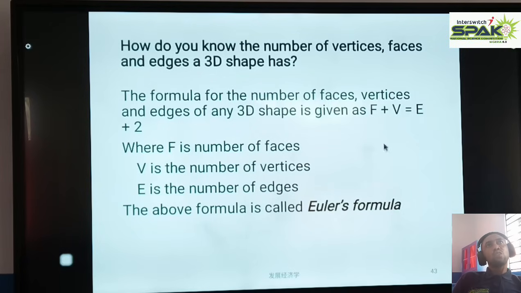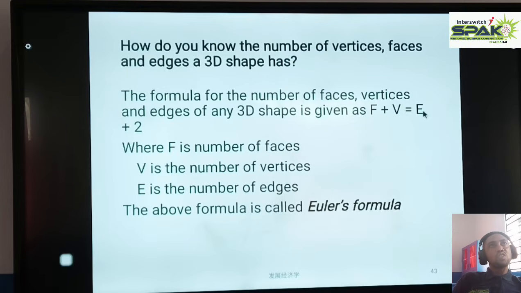When you have the faces of a 3-dimensional shape, and we have the vertices, then you can easily find the number of edges in that shape by making it the subject of the formula. So now we have f plus v minus 2. That will give us the formula to find the number of edges.